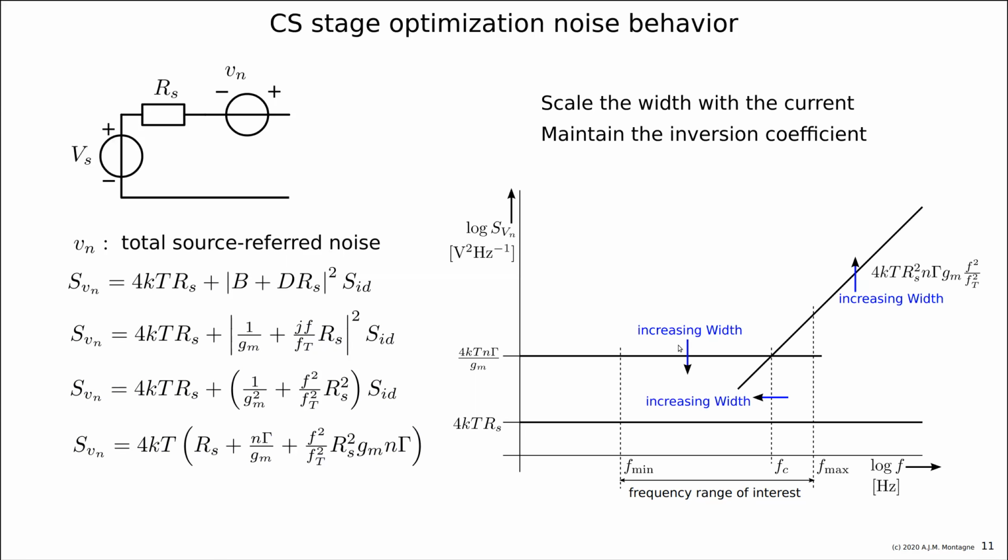Now you can increase the width so far that this corner frequency always becomes part of your frequency range of interest. Just make the FET wide enough, of course, scaling up to a huge current maybe. But we are talking here about showstoppers. So I'm not talking about whether it is possible to make this for 1 milliamp or for 1 microamp.